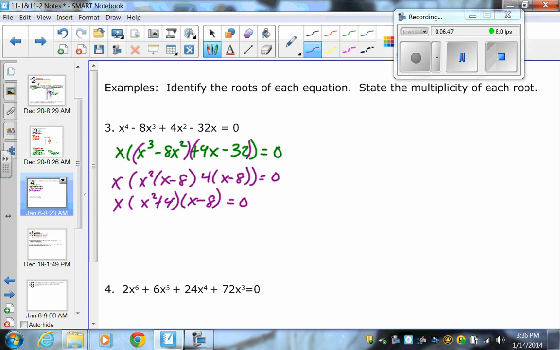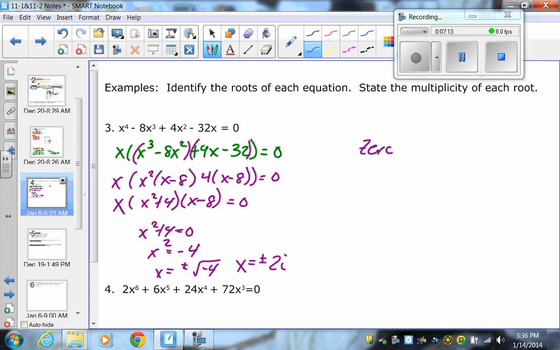So I can see that I have a 0 of 0 and a 0 of 8, but I need to keep finishing solving this one. So I have x squared plus 4 equals 0. So x squared equals -4. So x equals plus or minus the square root of -4, which, if we remember from last semester, tells me that x equals plus or minus 2i.